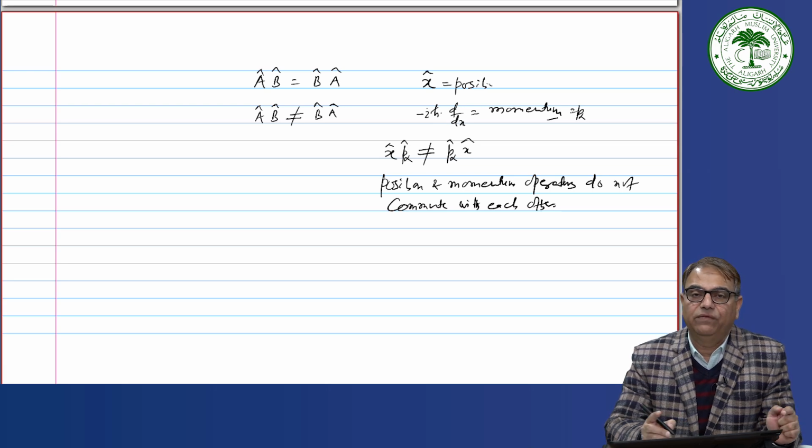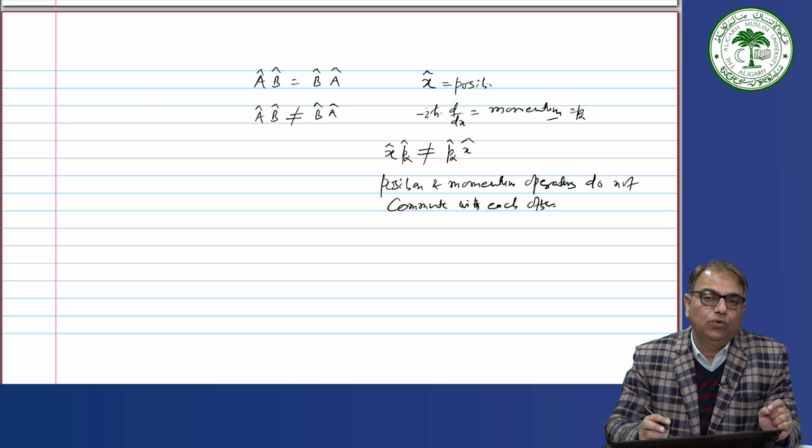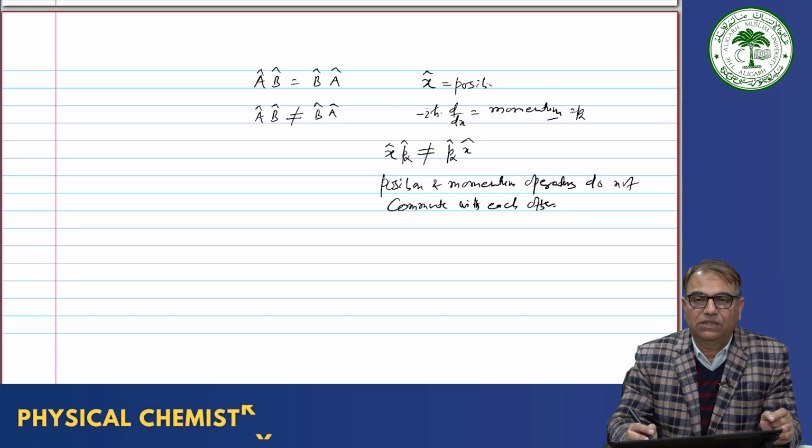And I told you when I was doing the Heisenberg uncertainty principle that any two operators which do not commute with each other, such operators or such physical variables, are called conjugate variables.